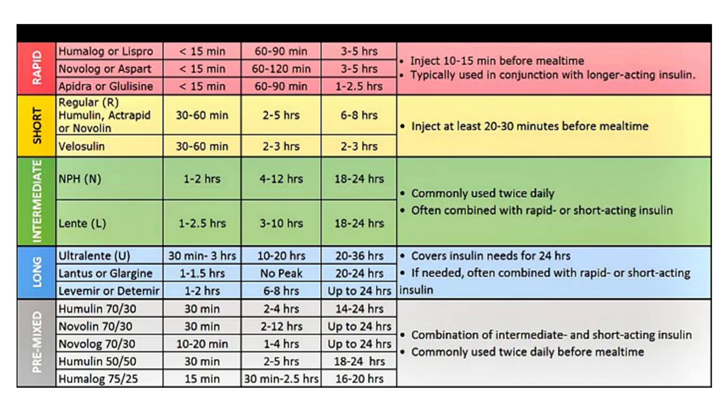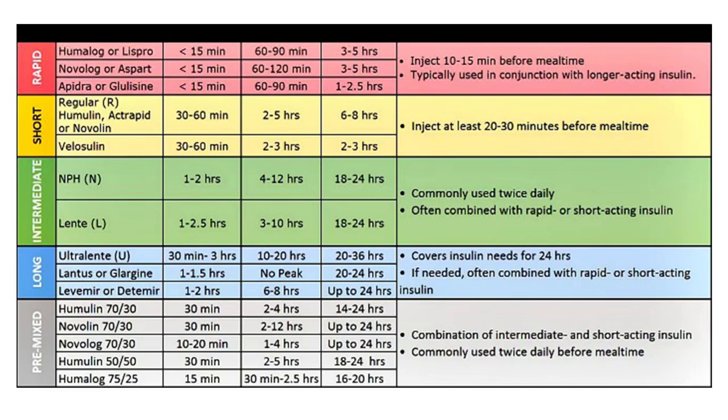Lantus has really no peak. Onset is an hour-ish, and it covers the person up to 24 hours. So you may see patients getting this twice a day. That's just because that's the way their body needs it. But it can cover the person for 24 hours. A lot of times this will also be given with rapid or short-acting insulin.